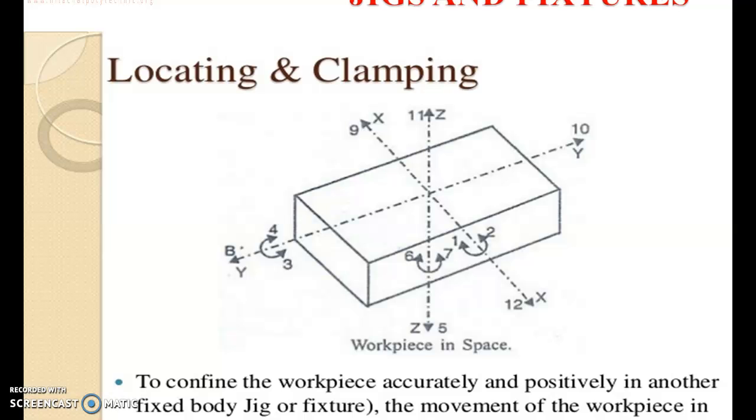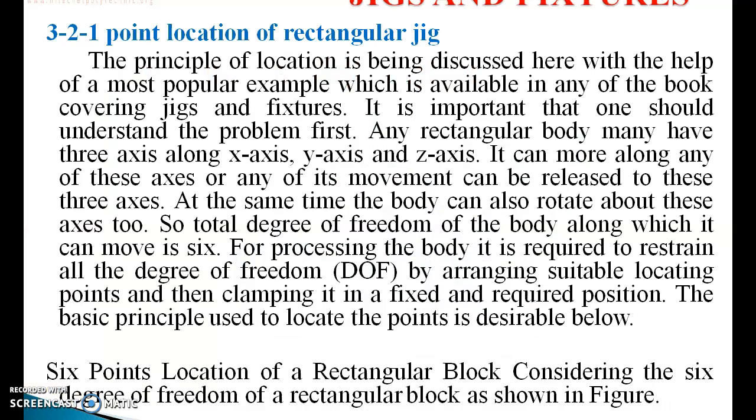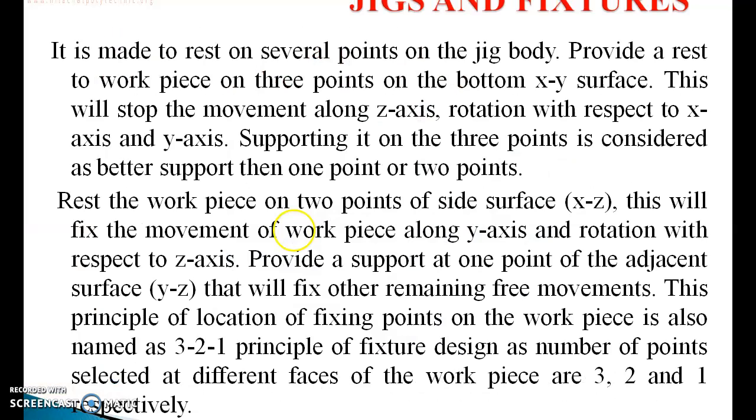So let us discuss the 3-2-1 point location of a rectangular jig. Let us assume that the block rests on several points on the jig body as in the figure.